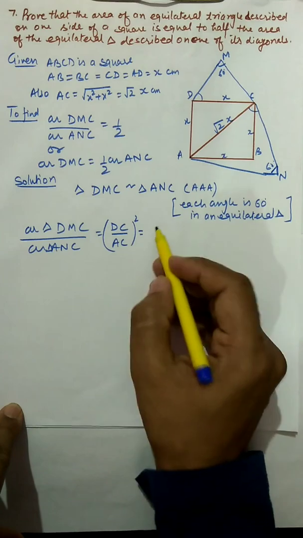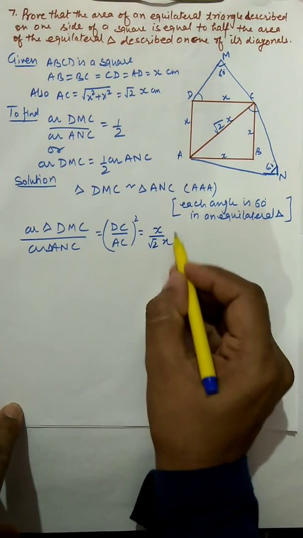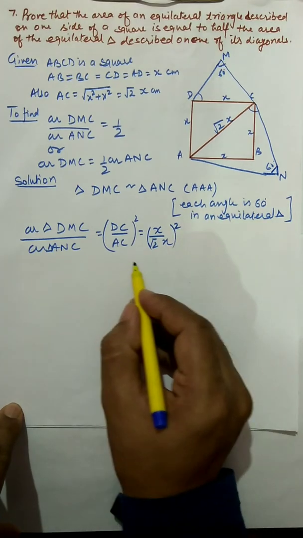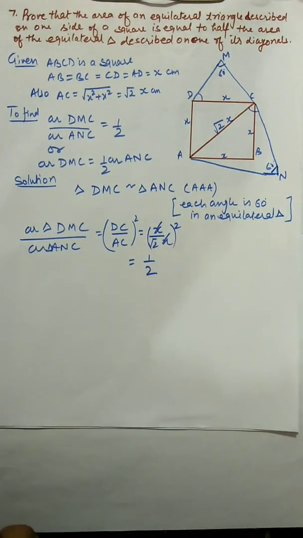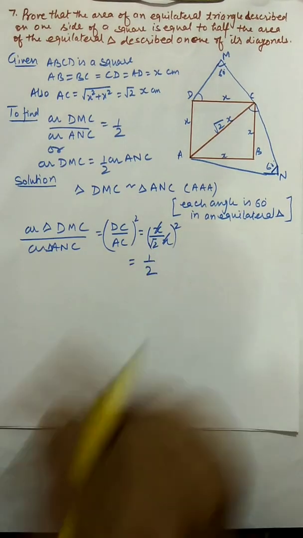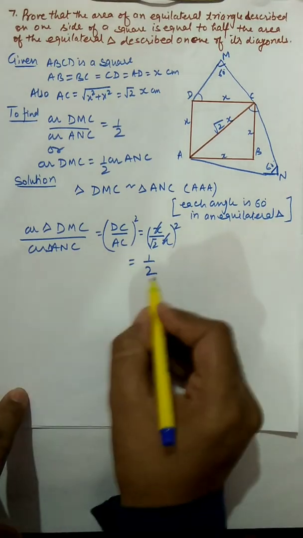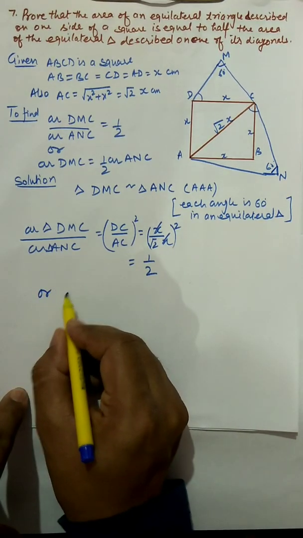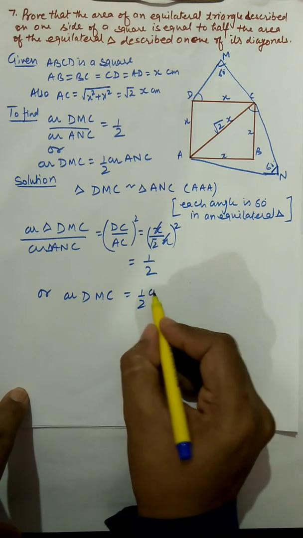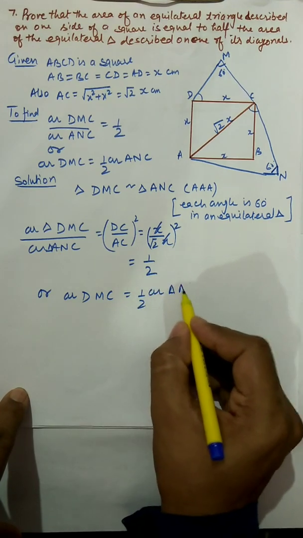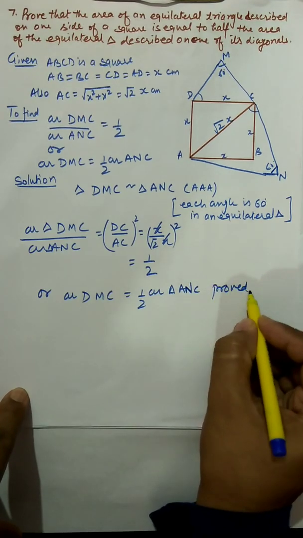Now here DC, you see in the figure we have taken as x and AC is root 2 x, so you may do the square. So the x's get cancelled and this is now 1 by 2. Root 2 whole square is 2, so the answer will be 1 by 2. So you have proved this, or you may write here also area DMC is equal to half area triangle ANC. So you have proved your result.